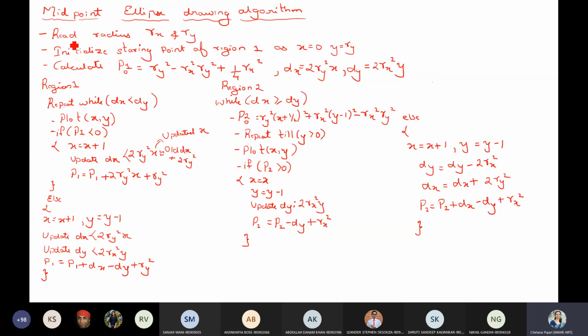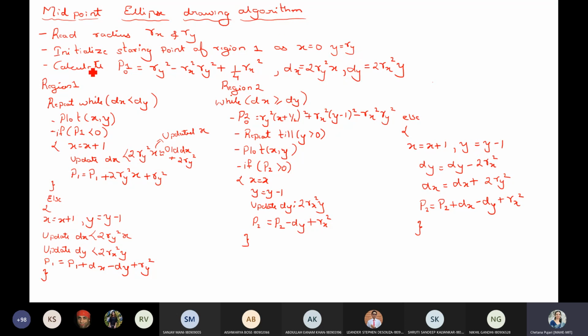Initially you will be given two radii, that is at the x-axis and at the y-axis. Then we are going to initialize the starting point of region 1, because you already know the value of ry. You know how to start, right? So the starting point is x is 0 and y is ry.